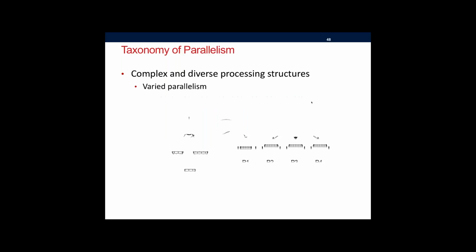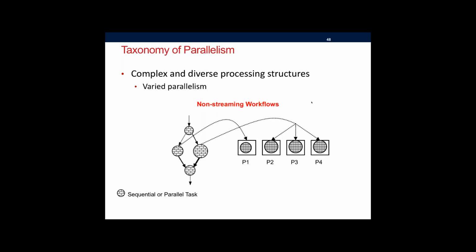Okay. The second one is non-streaming workflow. In that case, let's say that we finished the first phase and first task there, and we are doing the second. We are in the second level. We can actually do those two tasks parallel to each other, and we can also maybe take the advantage of one more level of parallelism, data parallelism, to do one of the heavy tasks that can be parallelized.